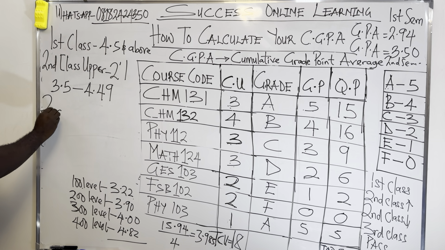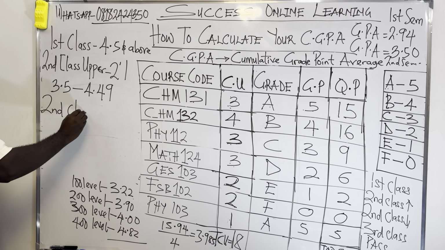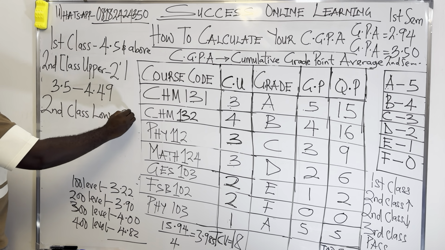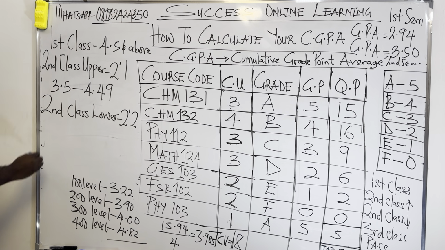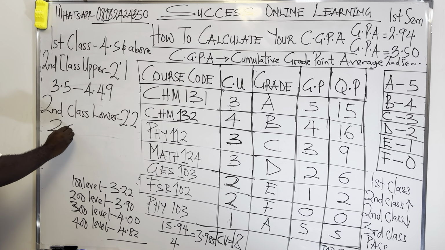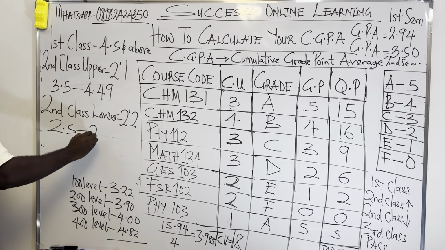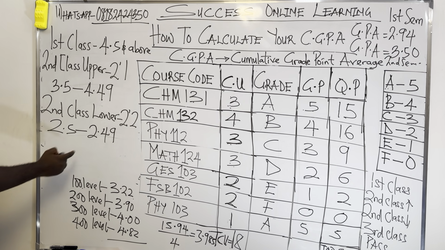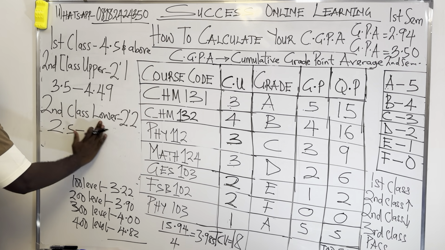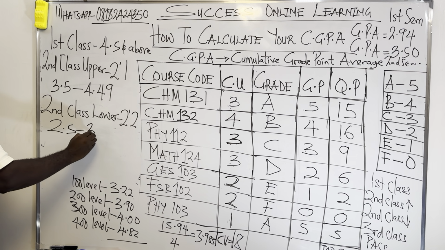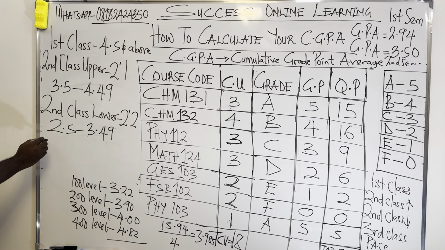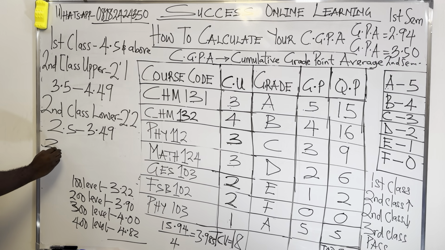For a second class lower, we'll call it a 2-2. A CGPA of 2.5 to 3.49, just before 3.5. And we have what we call a third class.